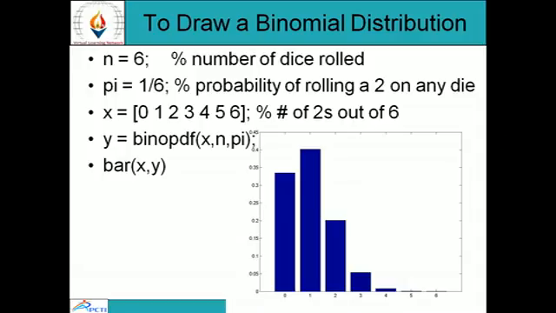To draw a binomial distribution, when n equals 6, the number of dice rolled, pi equals 1/6, the probability of rolling a 2 on any die, and x equals 0, 1, 2, 3, 4, 5, 6, because a die contains 6 faces. The percentage of 2's out of 6, y equals the binomial distribution of x, n, pi.